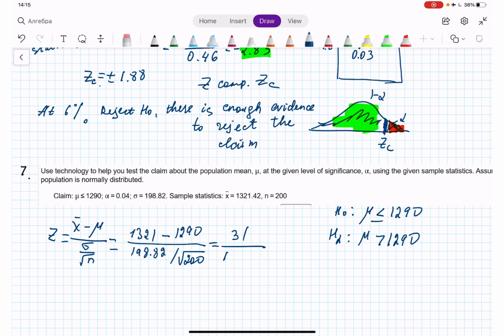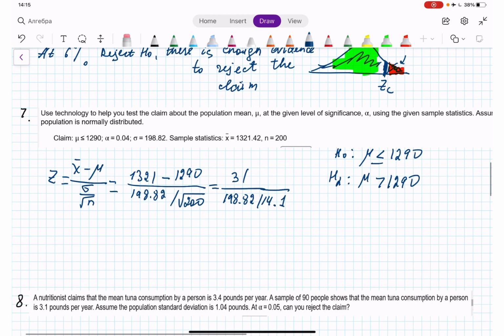So I'm writing down 198.82 divided by 14.14, and it's going to be 14.06.